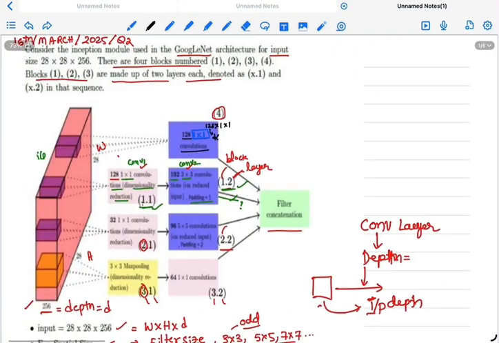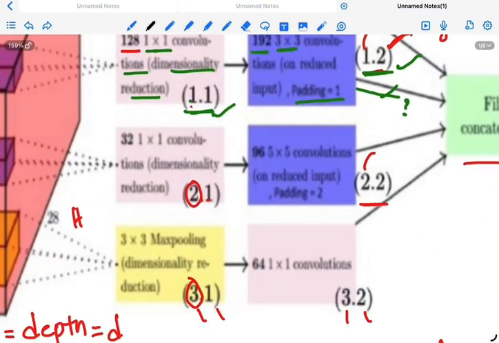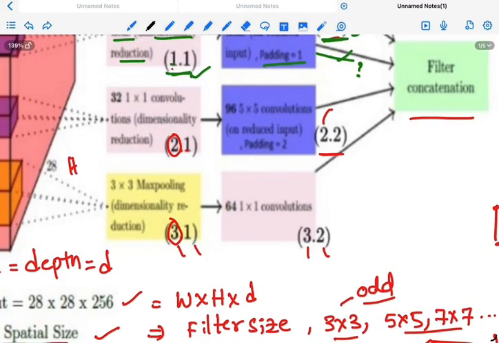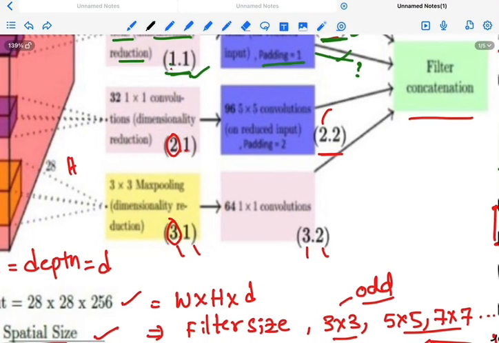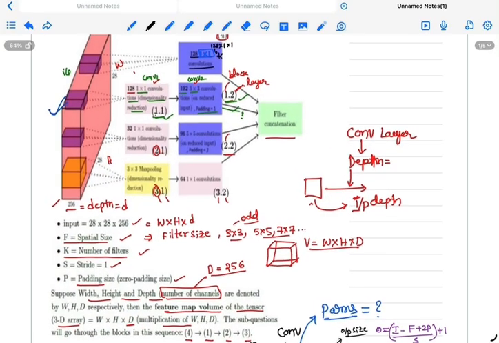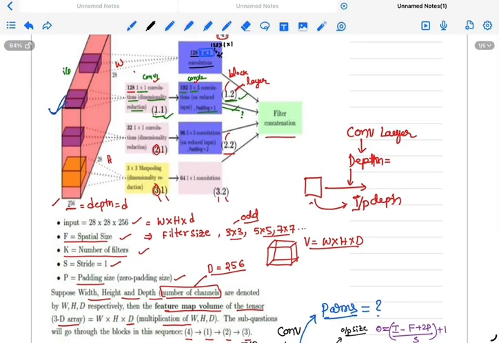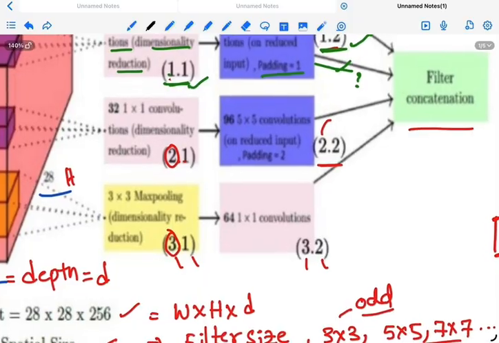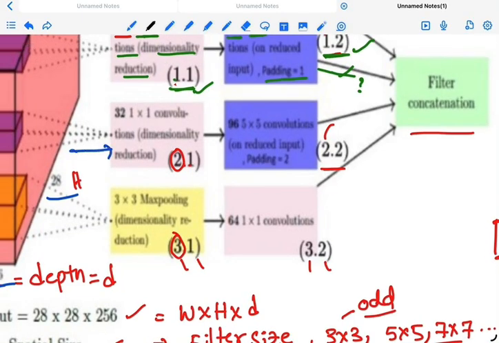So in this figure, they mentioned block 2, right? This one is the input dimension of 256, with the same input size, 28 cross 28. If we apply layer 1, that is 32 filters, the number of kernels, with 1 cross 1 convolutions, it is dimensionality reduction.